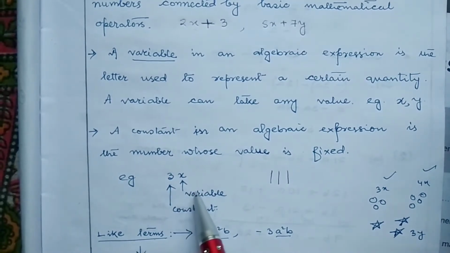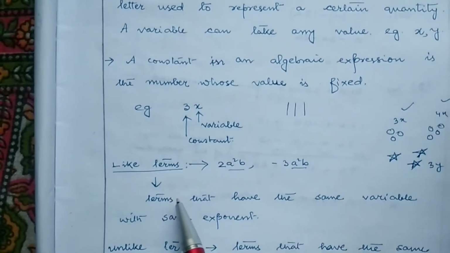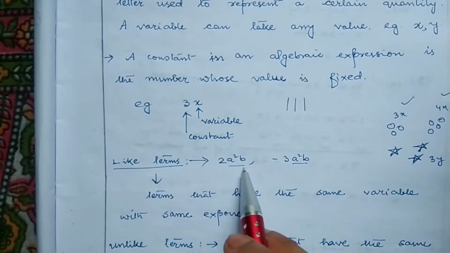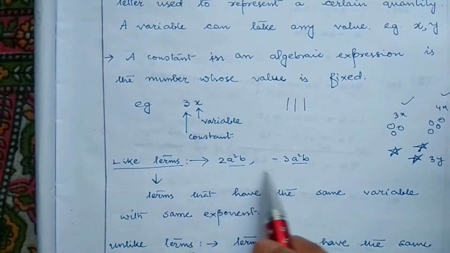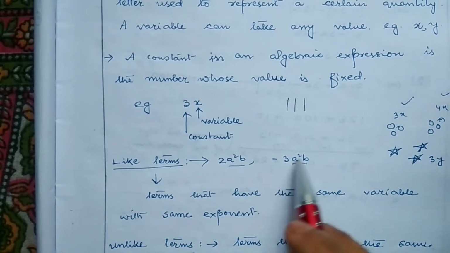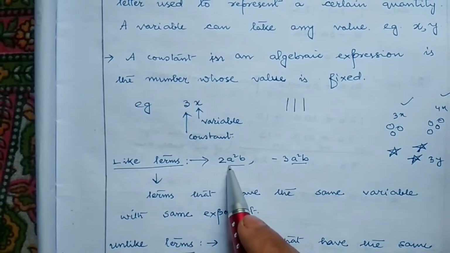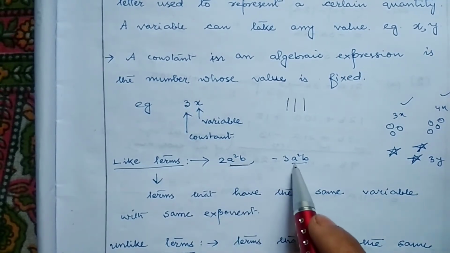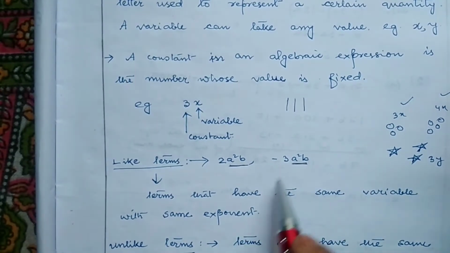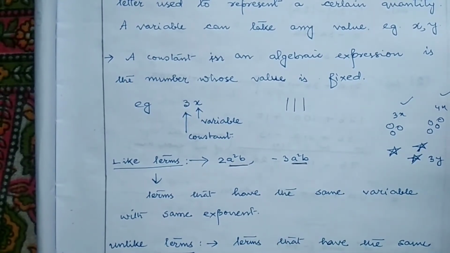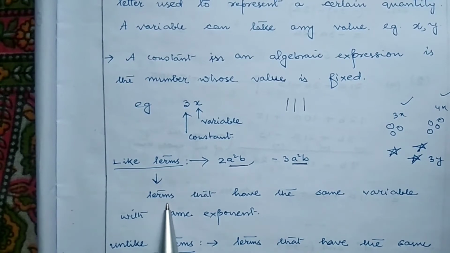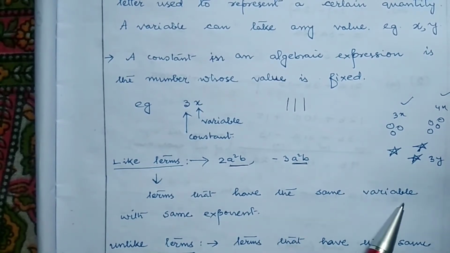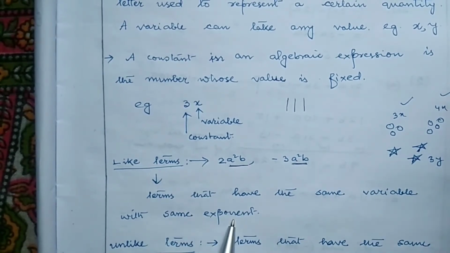Fine. Now when I say like terms, 2a square b is one algebraic expression, minus 3a square b is another. Here as you can see, this part a square b, here also it is a square b. So this type of terms are called like terms. So we can say terms that have the same variable with the same exponent.